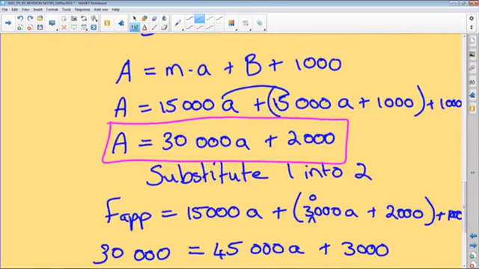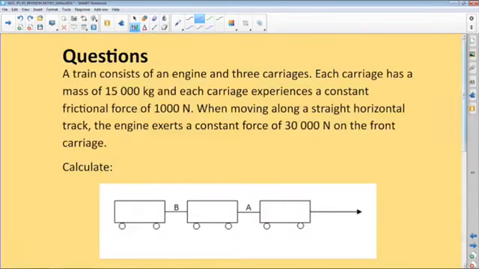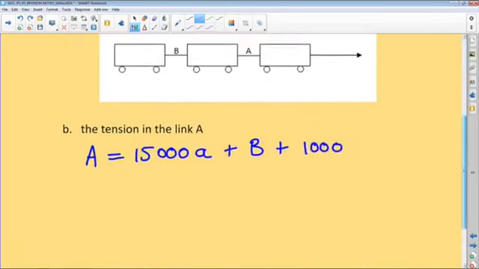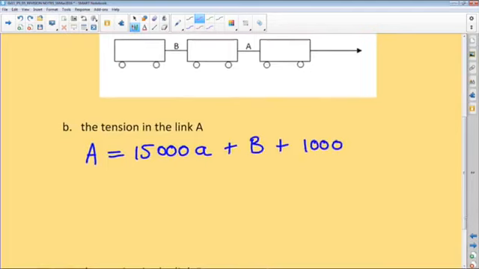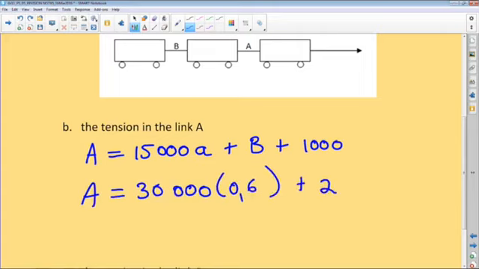So that is what I am going to work with here. I'm not going to substitute in B. I'm just going to go straight to A is equal to 30,000, and my acceleration is 0.6, plus 2,000.